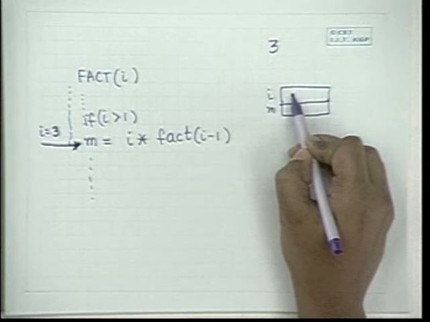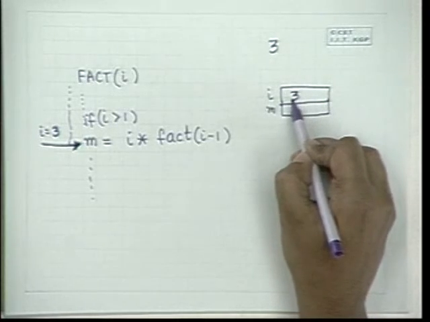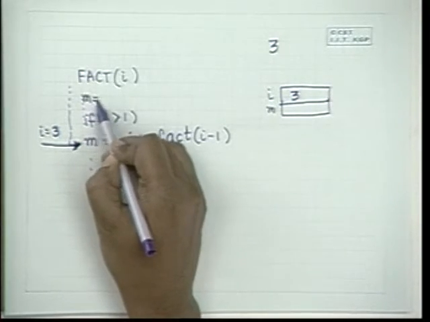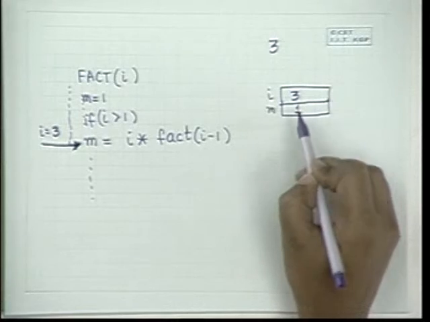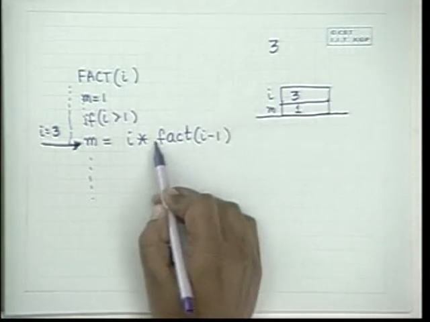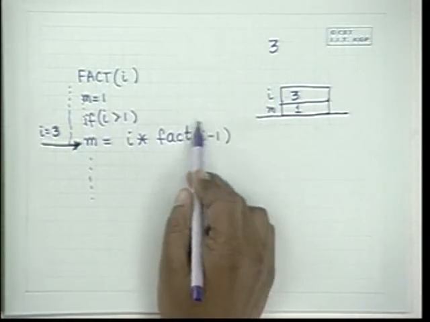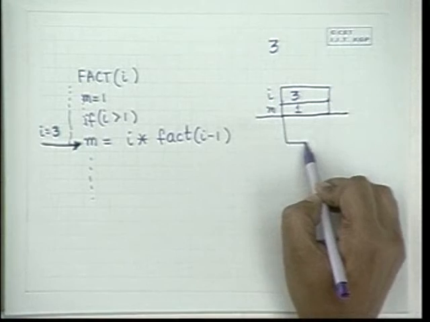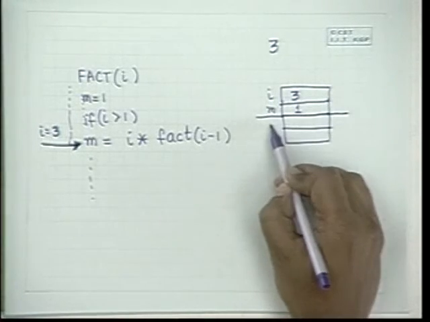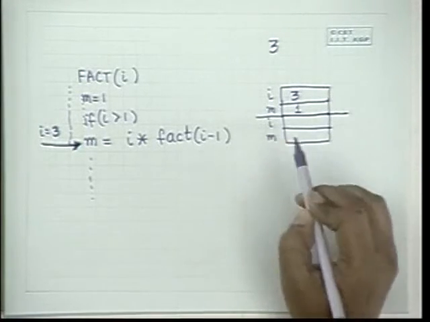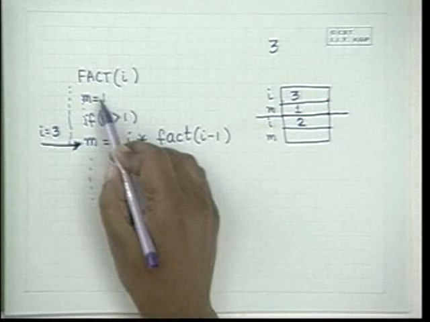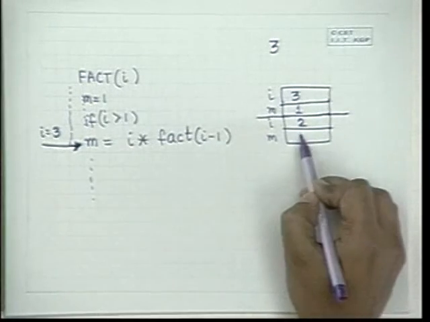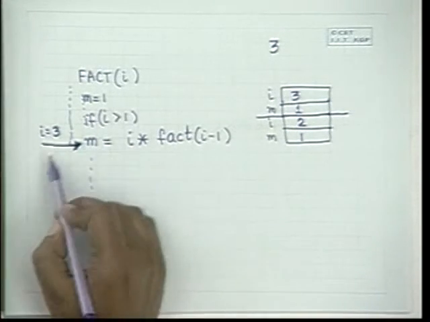So here I is equal to 3, and m we had initialized to 1, so it was just 1. And at this point it calls fact with fact 2. So again two local variables for I and m are created, this with 2, and when it starts execution, initializes m to 1, comes here.